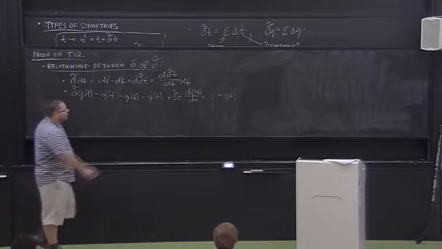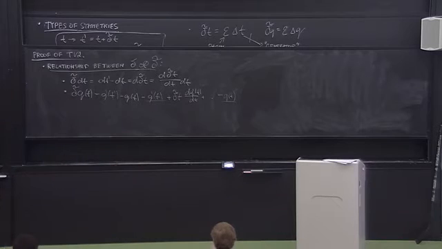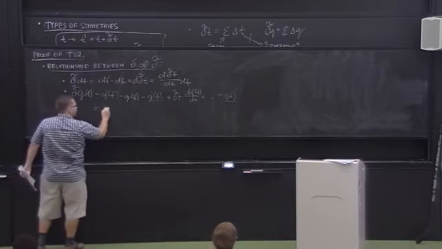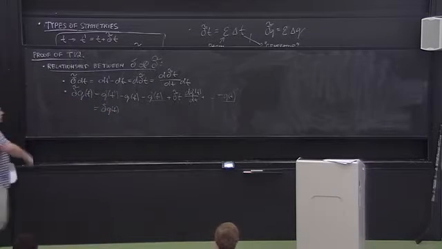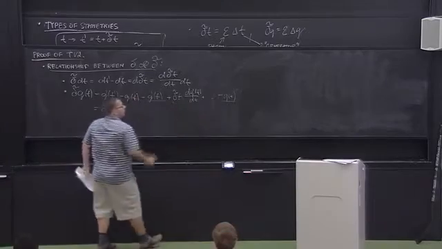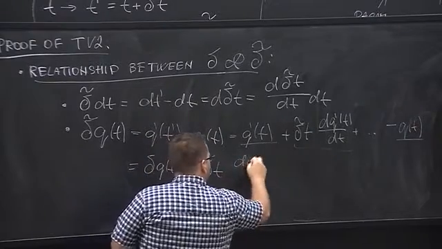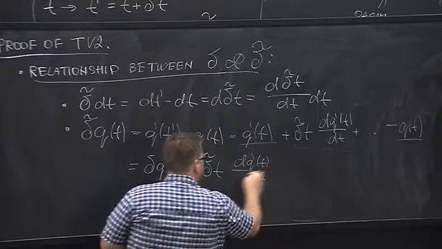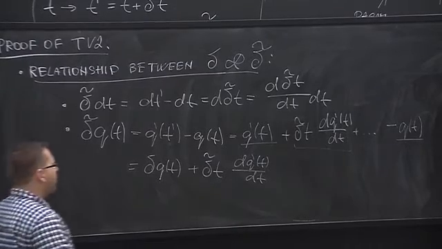Now if you look at this term and that term, it's precisely what the normal variation delta means. The normal variation delta is q prime at t minus q at t. So this is delta q at t, and then keeping just the first order term, it's plus delta tilde t dq prime at t dt, plus higher order terms which I neglect.